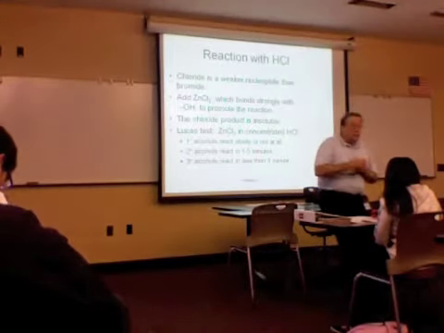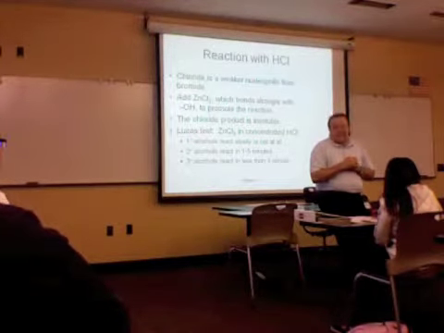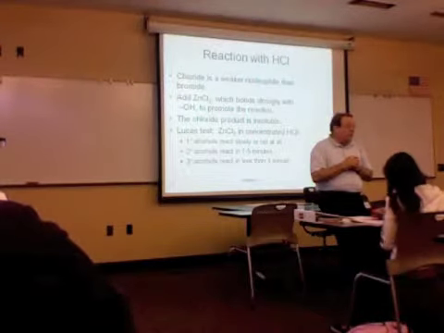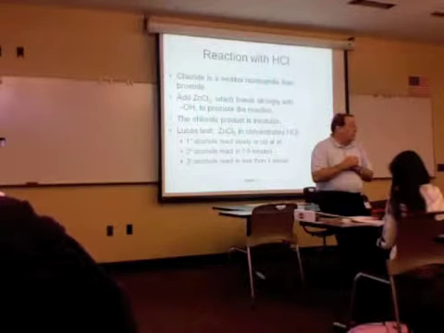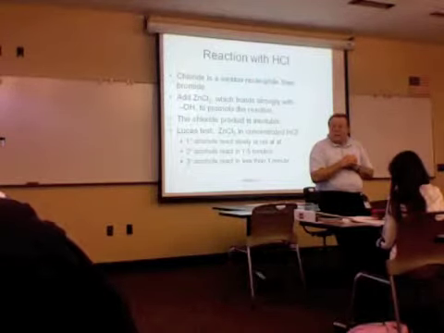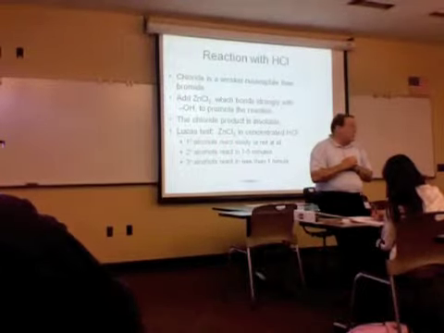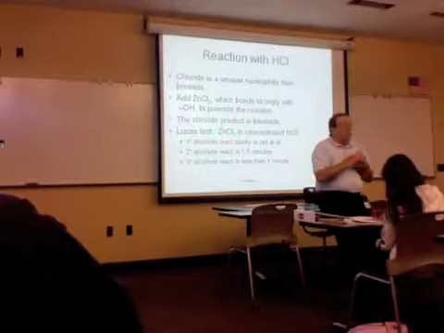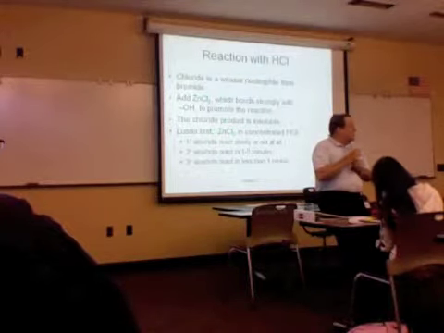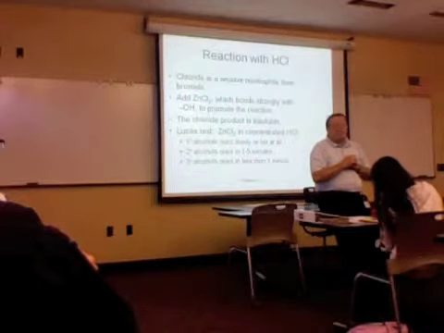So what you do is you take a suspected alcohol, treat it with acidic zinc chloride, and if the solution turns cloudy, that says you've got an alcohol. More important than that, how fast it turns cloudy tells you what kind of alcohol. Primary alcohols react extremely slowly, probably not in the time frame of the test. Tertiary alcohols should react almost instantaneously. Secondary alcohols should take a few minutes.